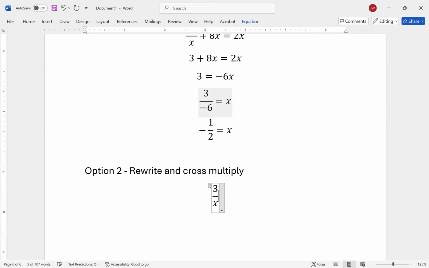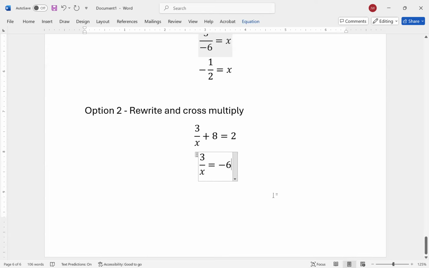We have 3 over x plus 8 is equal to 2. So the first step that I'm going to do is I'm going to subtract 8 from both sides. Again, I'm not going to show that step. We just got 3 over x is equal to negative 6. Now, negative 6 on the right-hand side is the same thing as a negative 6 over a positive 1.